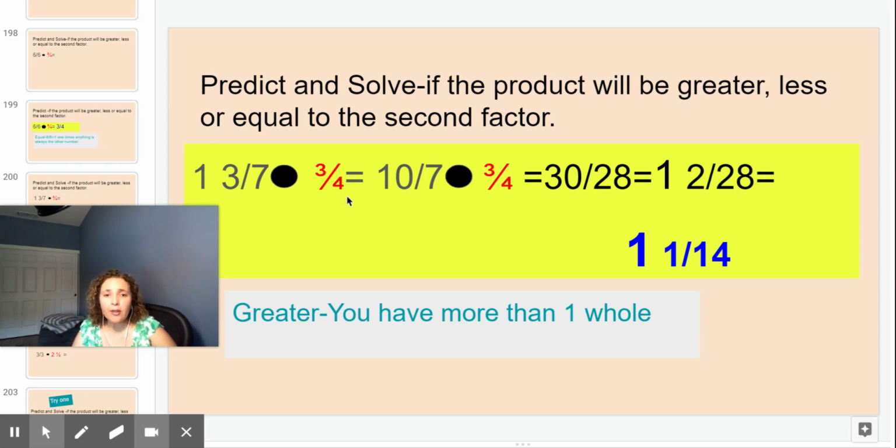Why is it greater? Because you have more than one whole. Anytime you have a number that's more than one whole with a fraction, the answer has to get bigger because you're multiplying by a whole. It's like multiplying a whole times a whole, but this time we're multiplying a whole times a fraction. Because of the whole, it's going to get bigger. So hopefully that didn't fool you.